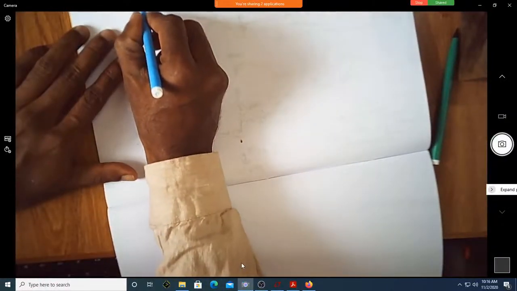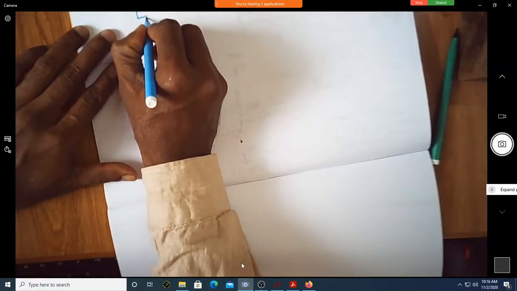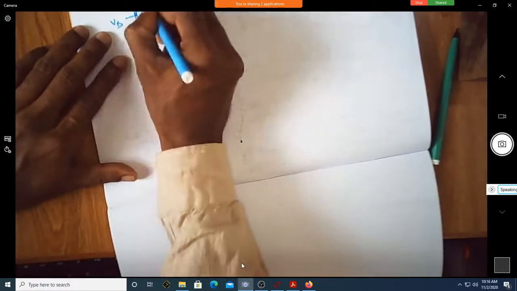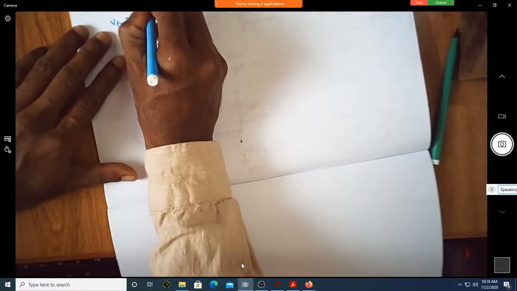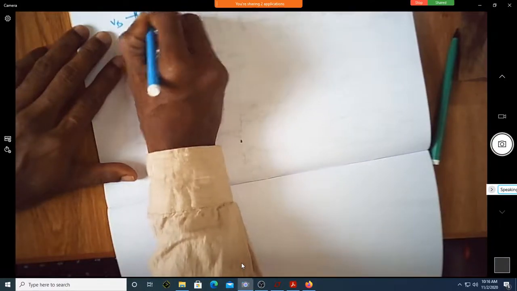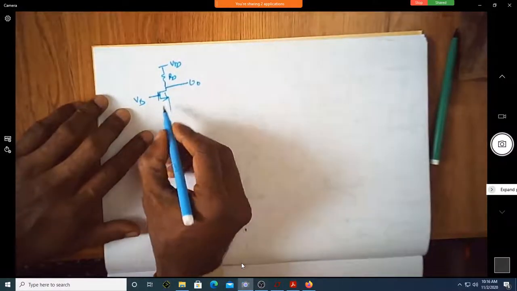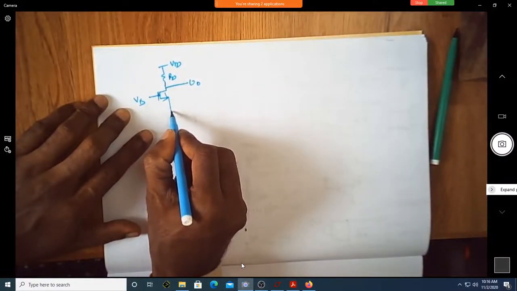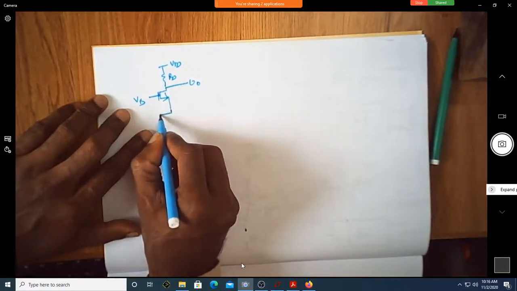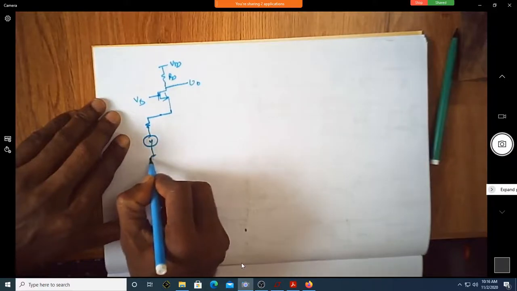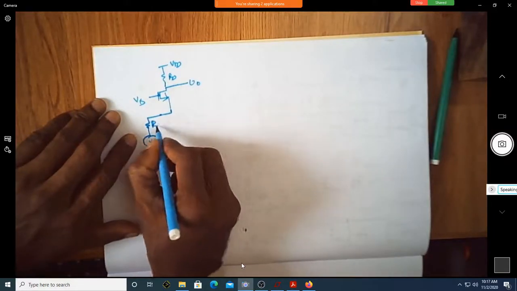So let me consider the same CG amplifier. I will apply some bias voltage, and I'll connect RD. This is VDD. This is my V0. Here, instead of having a source which is simply V in, I'm connecting R signal, instead of RS.